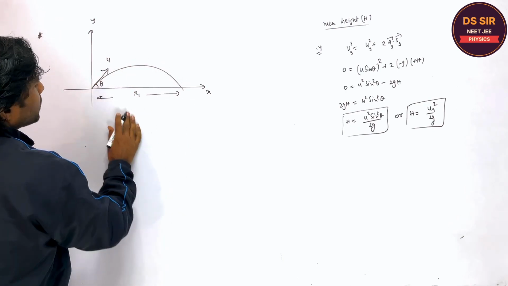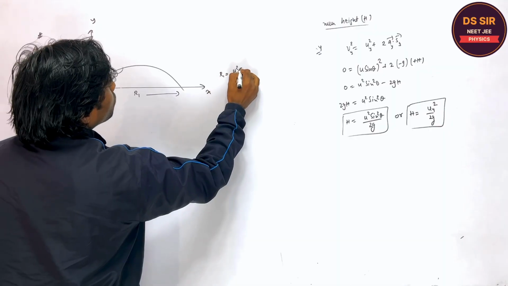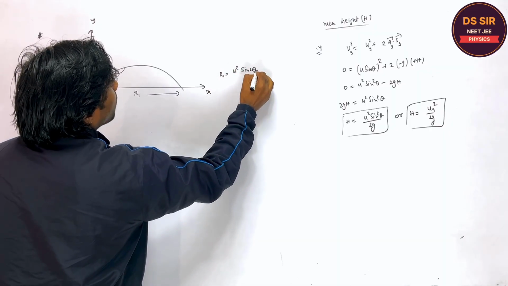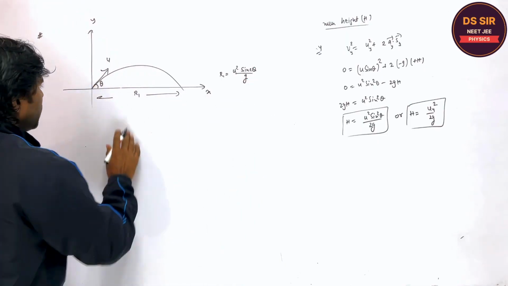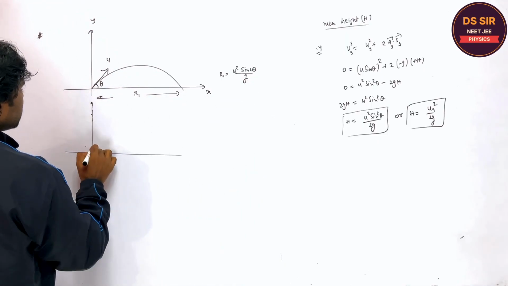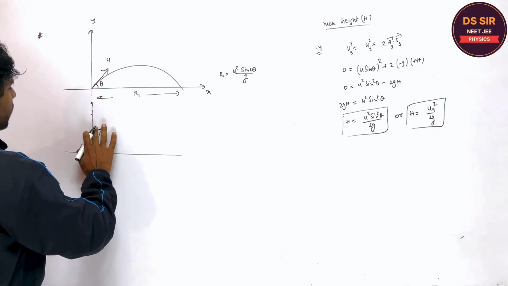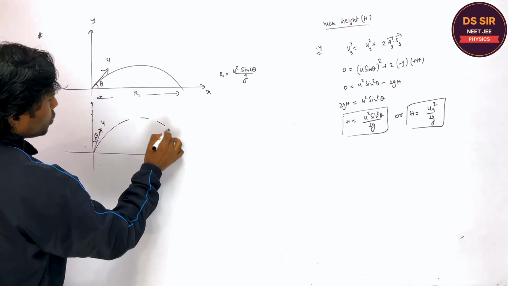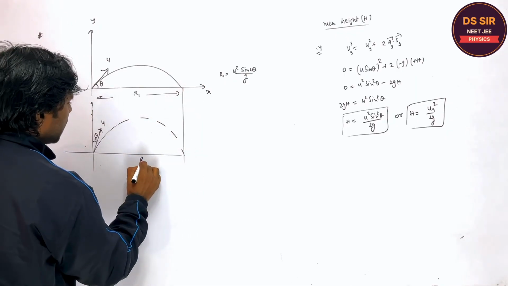You tell. The range r1 is equal to u square sine 2 theta upon g. Fine. Now if you throw the same projectile with the same speed, but the angle with the vertical is now theta with the speed u, you will get the range r2, suppose.